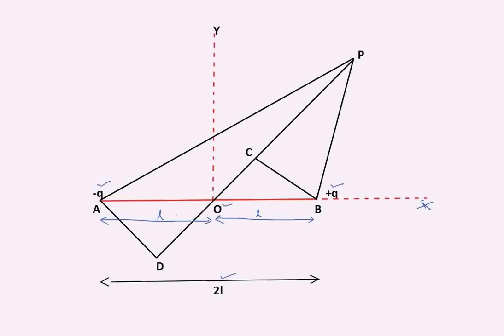Here this line ABX is the axial line of the dipole, and this line OY is the equatorial line of the dipole.